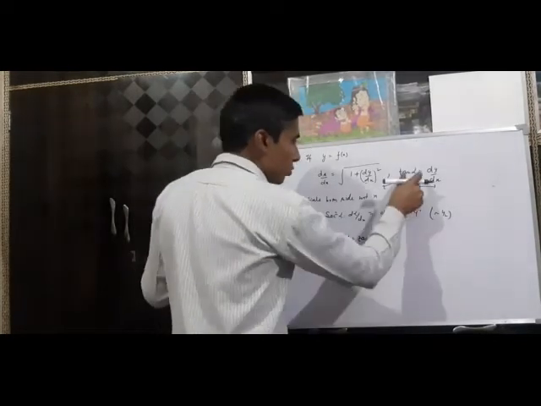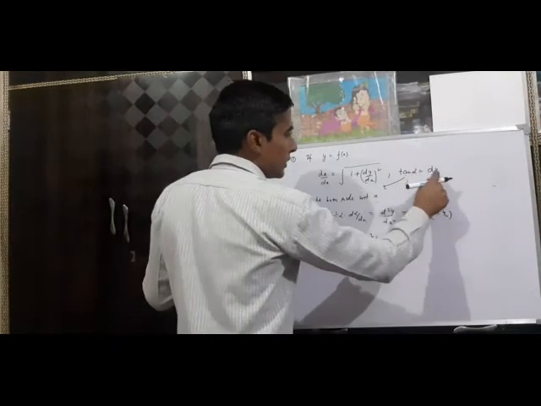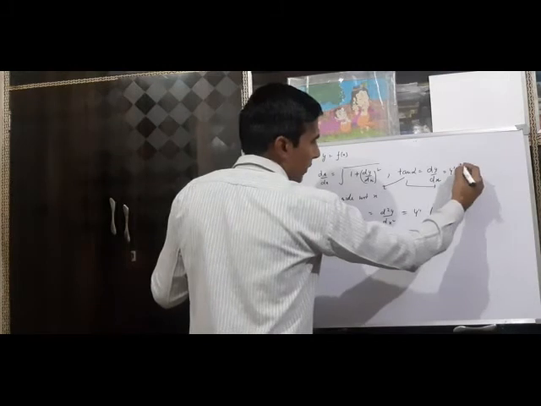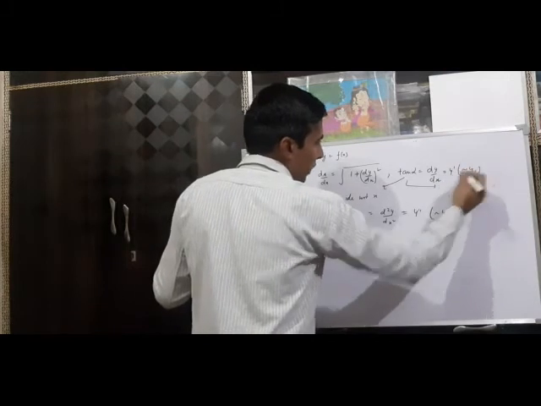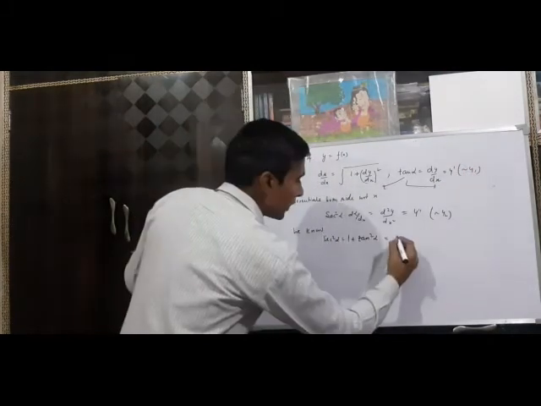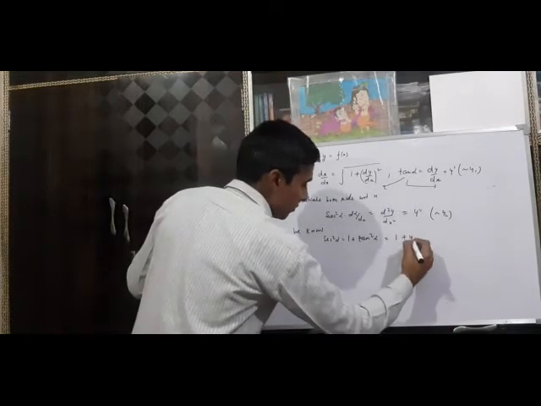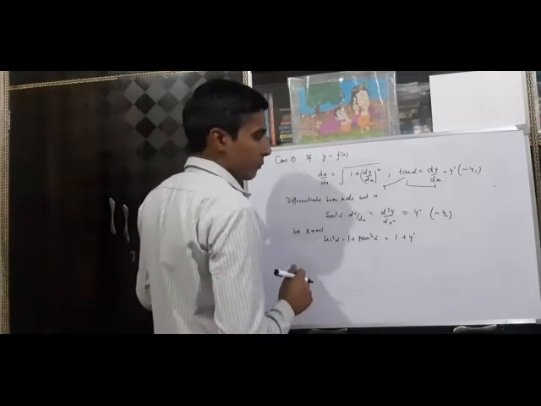So using this value, tan alpha is dy by dx, we can denote it by y prime, or in some books it can be written as y1. So 1 plus tan square alpha is 1 plus y prime square.